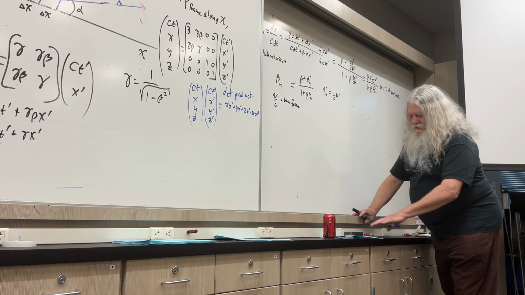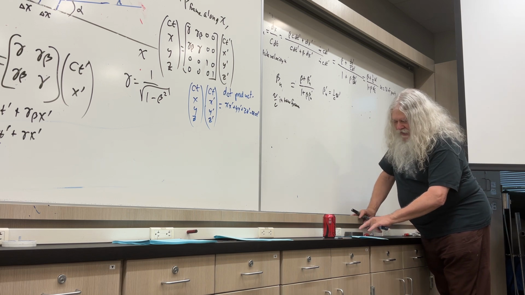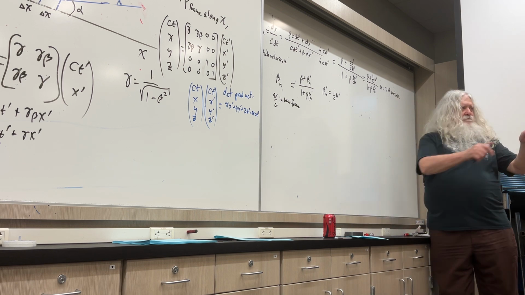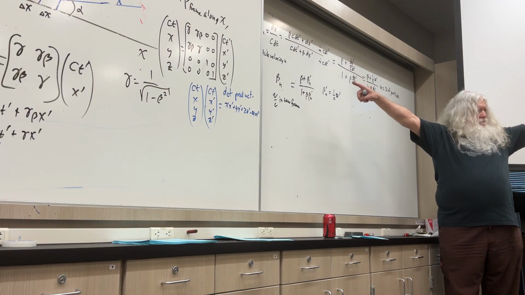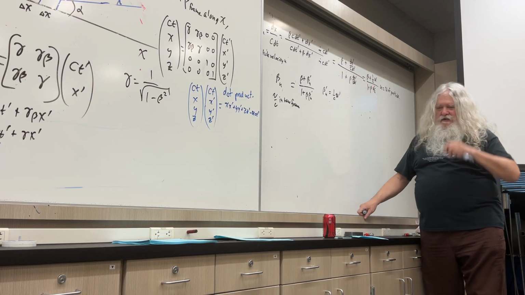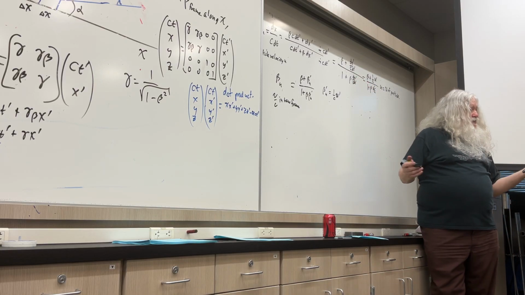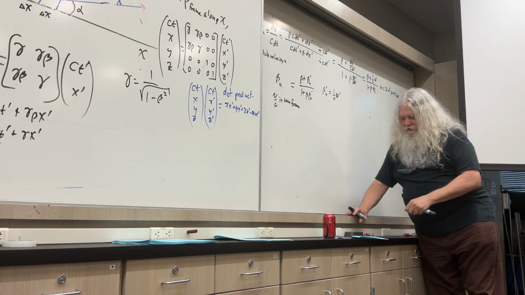So let's look at our questions here. The first one, I have a pulsar out there that sends out a beam of X-rays going in opposite directions. Those are electromagnetic radiations, those travel at the speed of light, all right?